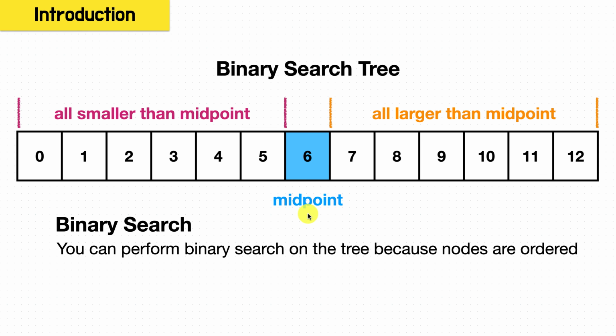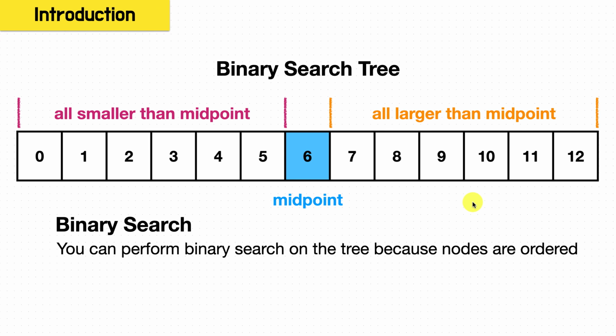So any given node is a midpoint, which is equivalent to when we perform binary search on an array, we find the midpoint, and since the array is sorted, we know all the items to the left of the midpoint are smaller, and all the items to the right of the midpoint are larger.